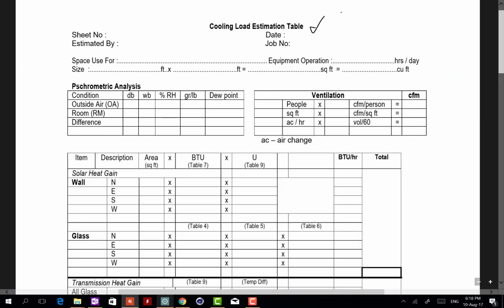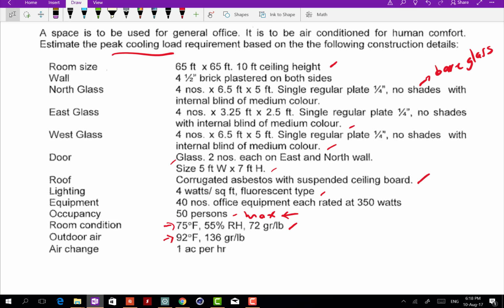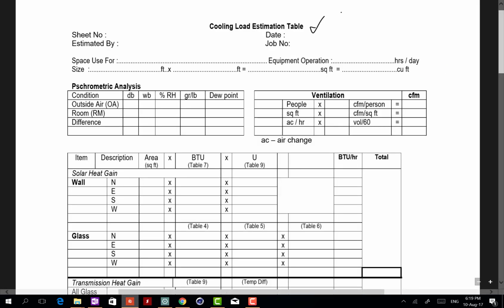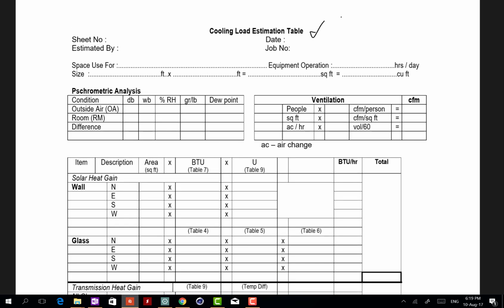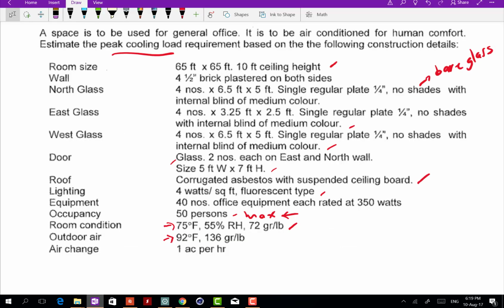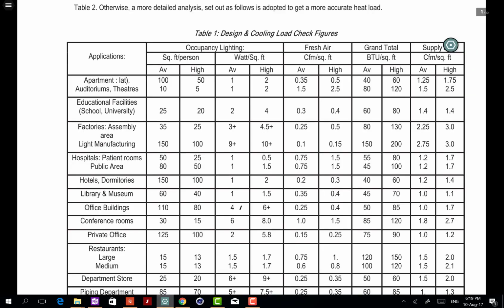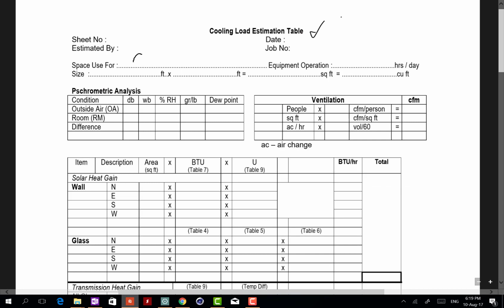So look at the question and also the table. First we need to fill in the space used for. Just now the question asks for general office, so I have highlighted here, office, general office.